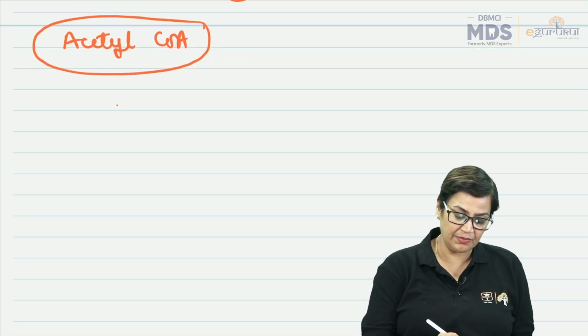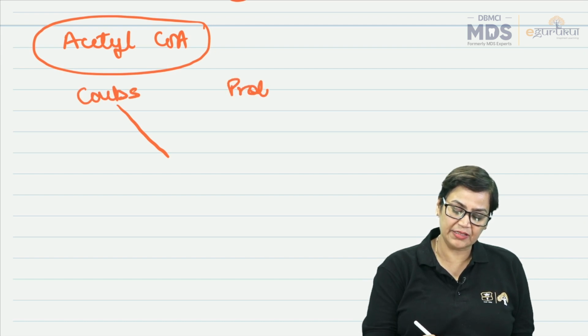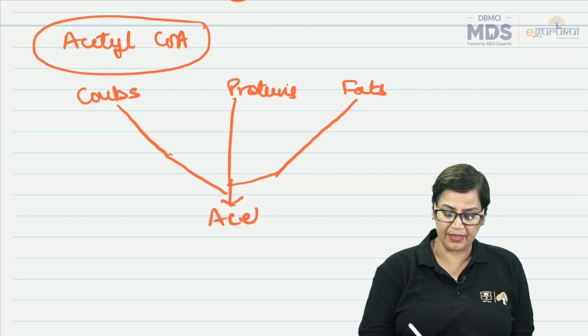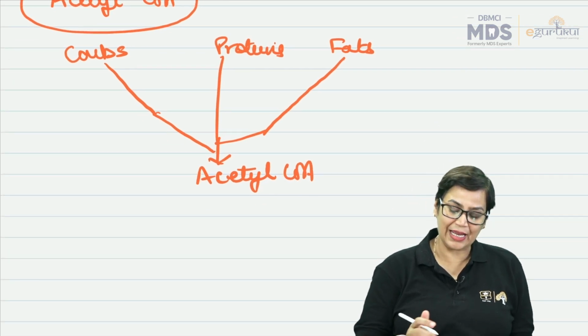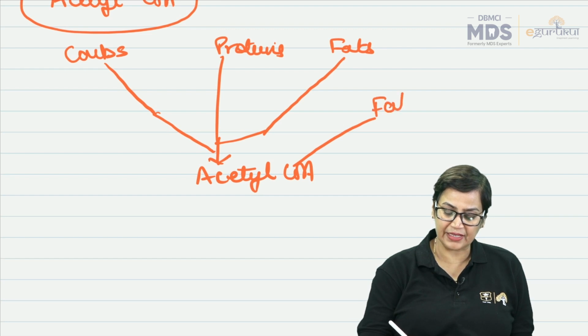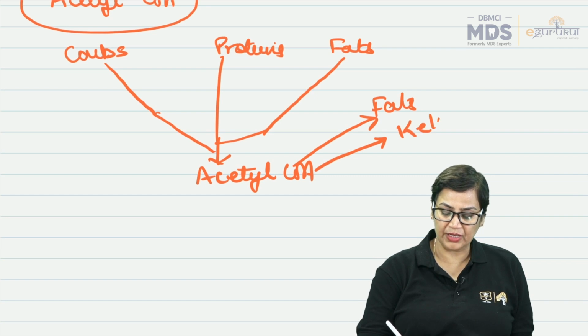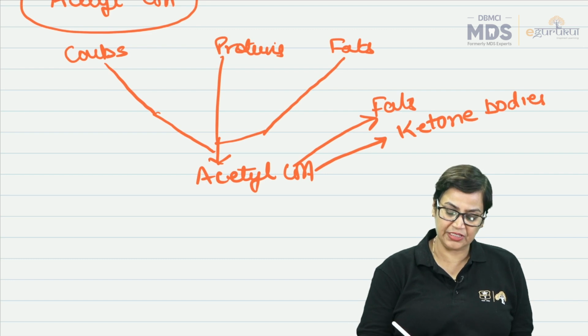Whether we are having carbs, proteins, or fats, ultimately they are converted to acetyl coenzyme A, which is utilized for the synthesis of fats again, for the synthesis of ketone bodies, plus for the synthesis of cholesterol.